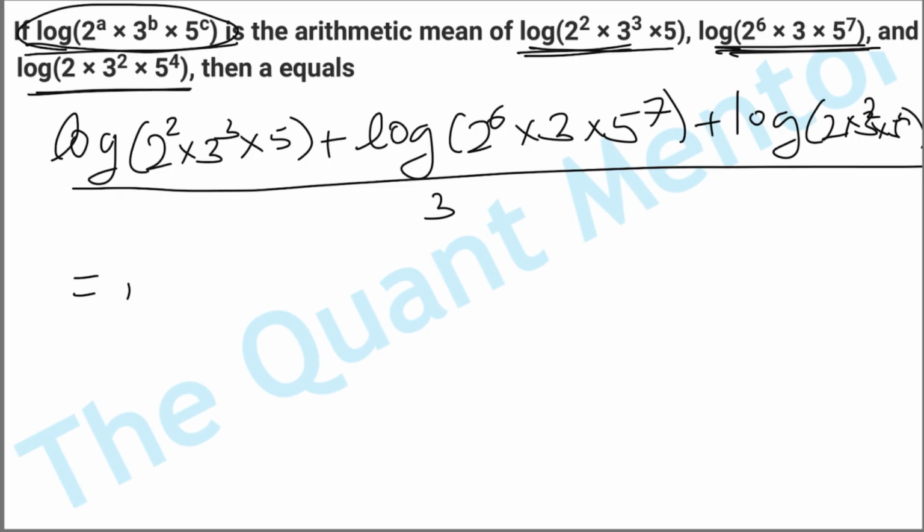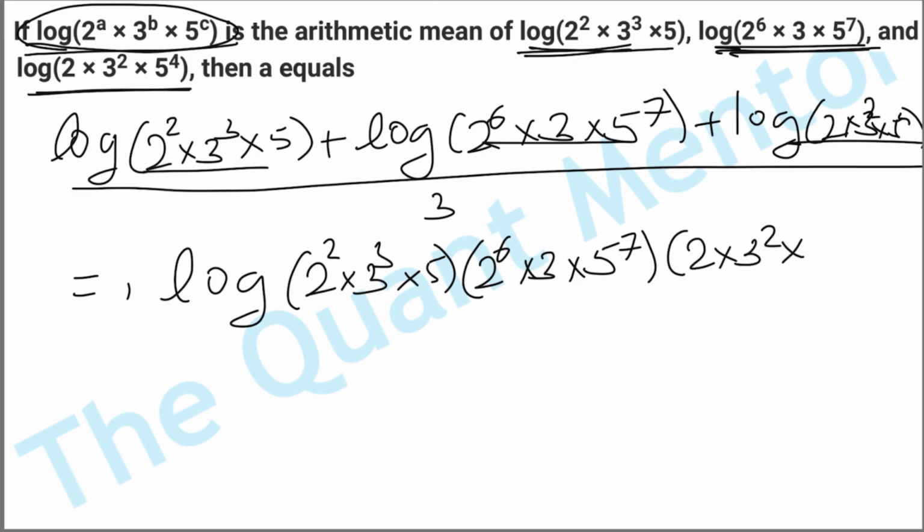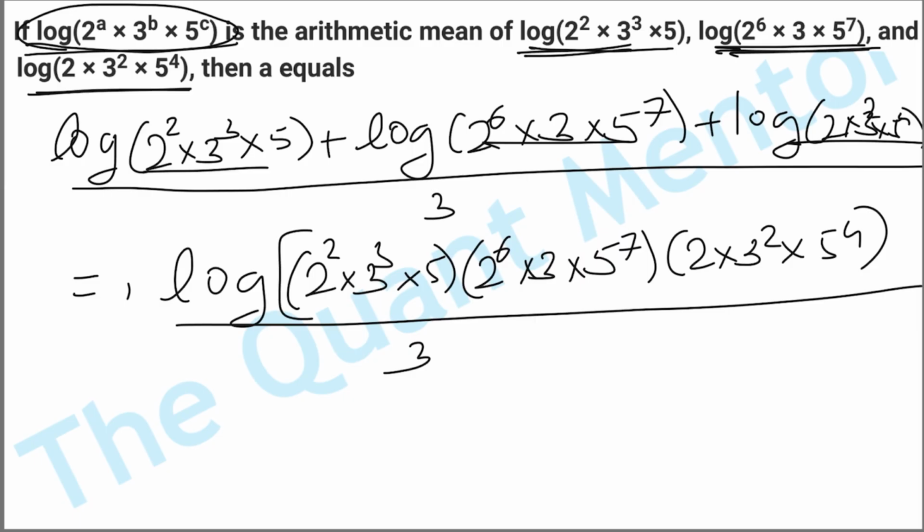Now guys, log a plus log b plus log c is actually log of a into b into c, right? So log of 2 square into 3 cube into 5 into 2 raised to 6 into 3 into 5 raised to 7 into 2 into 3 square into 5 raised to 4, the whole thing divided by 3 is what we need.